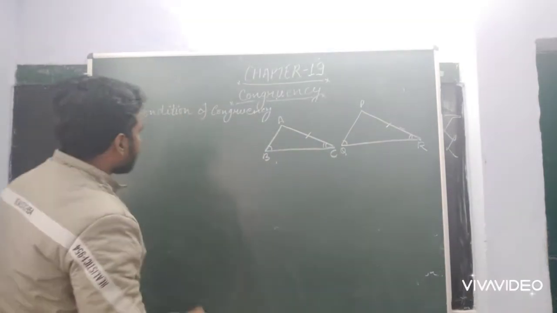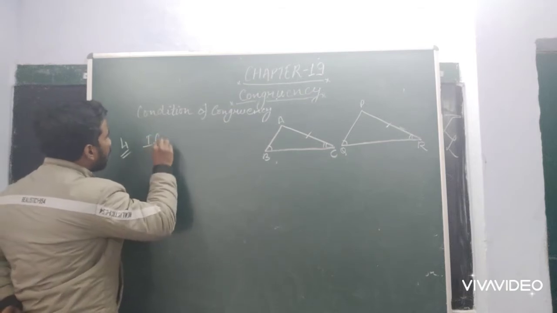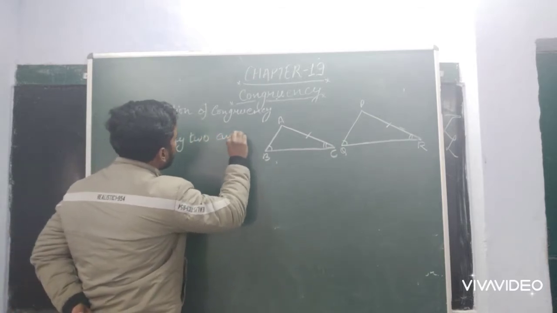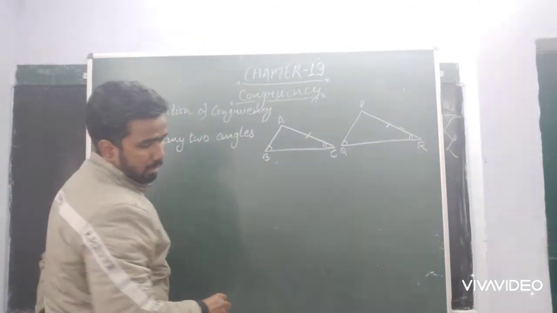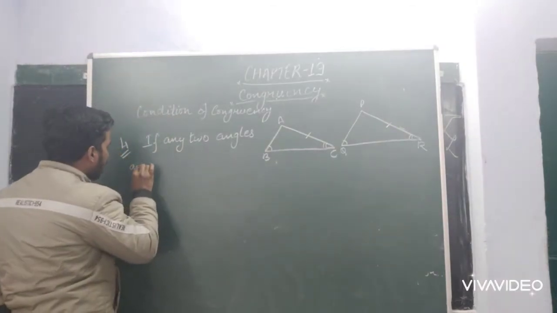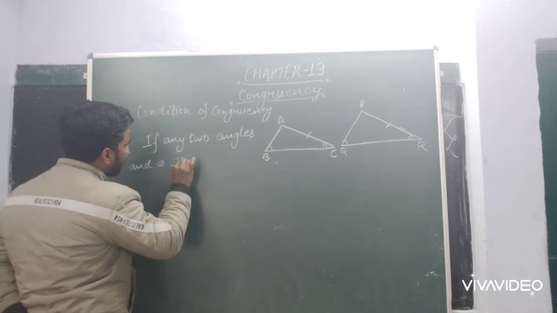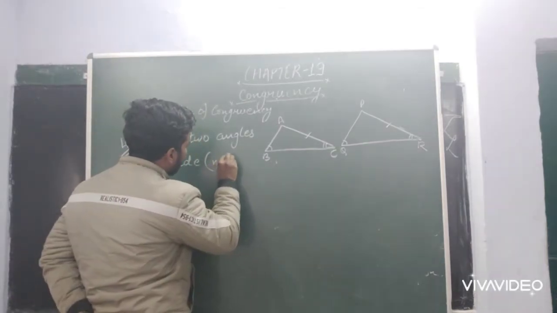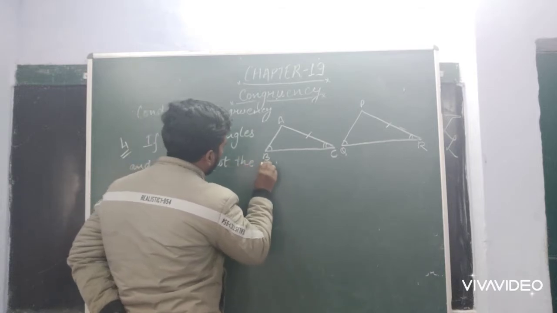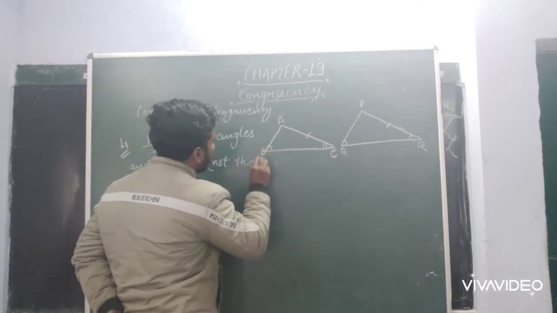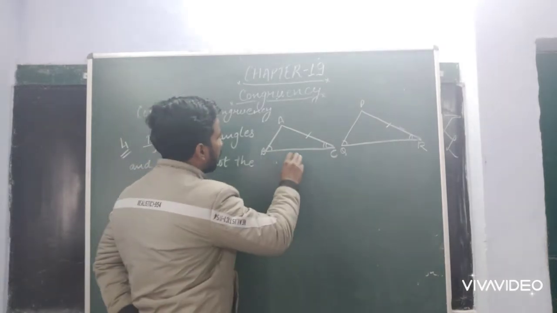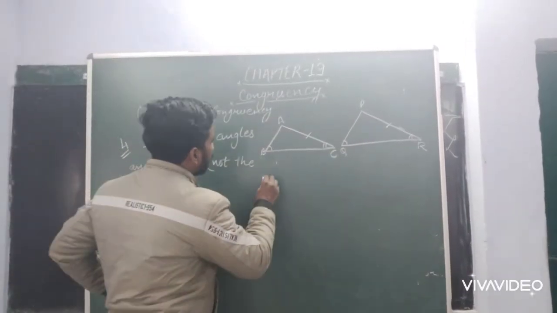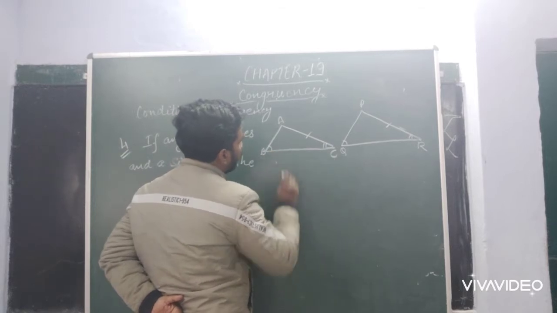Let's write. If any two angles and a side, which is not the included side, are equal... Not included means it is not coming between these two angles.